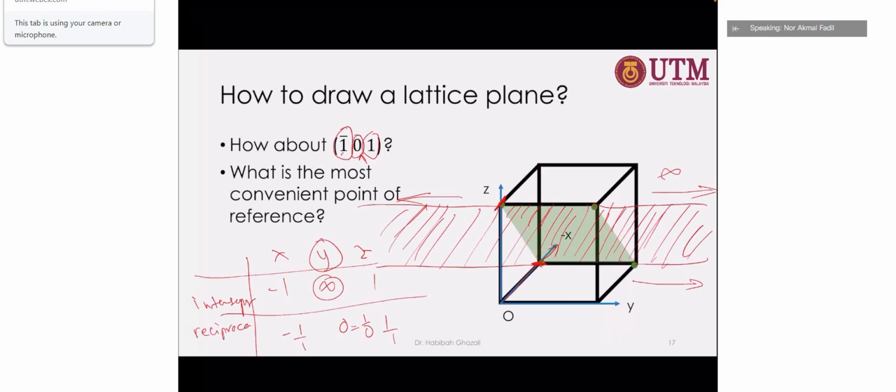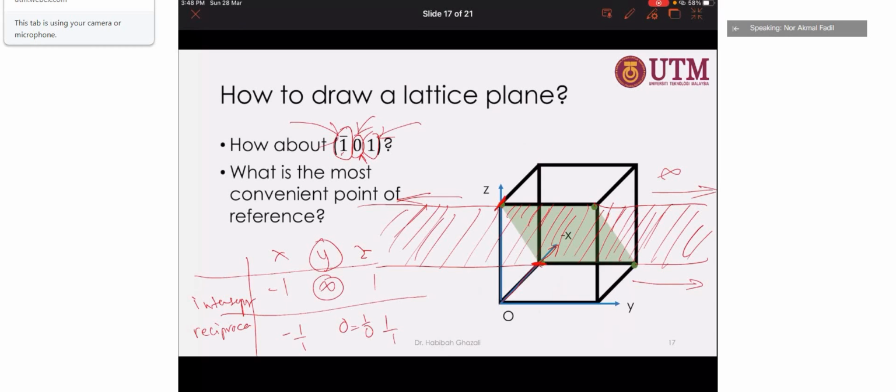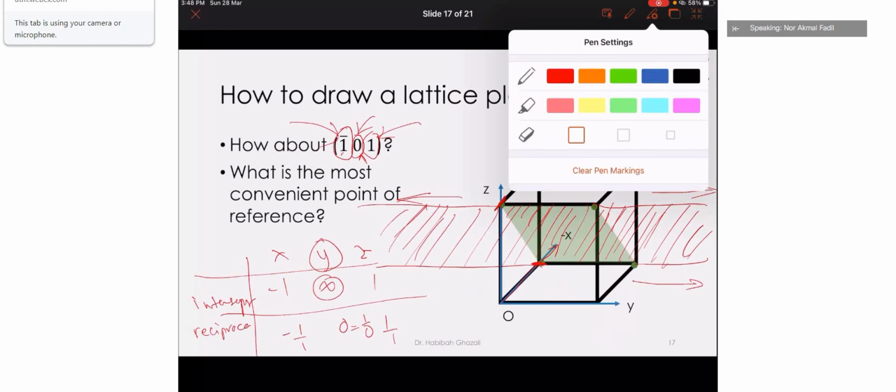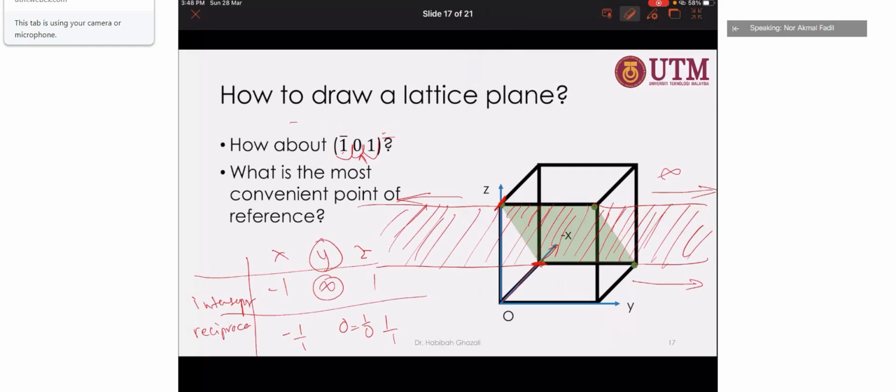The way to draw this, remember: if there is a 0 at y, it means that the plane is parallel to the y direction, and there are intercepts at z and at negative x. So this is how we draw the plane if we have a value of 0 in the Miller index.